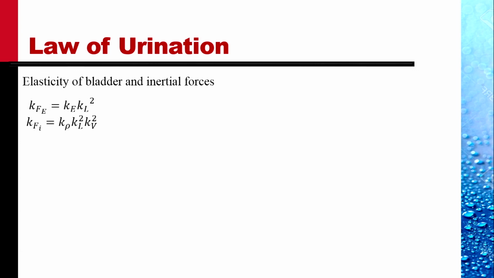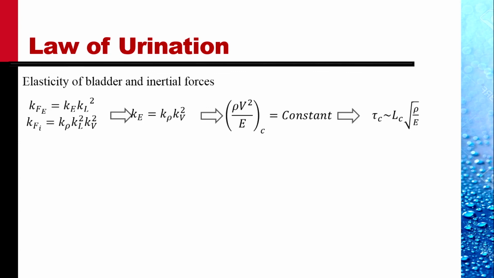And so this yields Ke is like K rho KV squared, which gives you rho V squared by E is constant. From this, we get TC is directly proportional to LC by root of rho E. So this also is incorrect. Let's look at the last pair now.